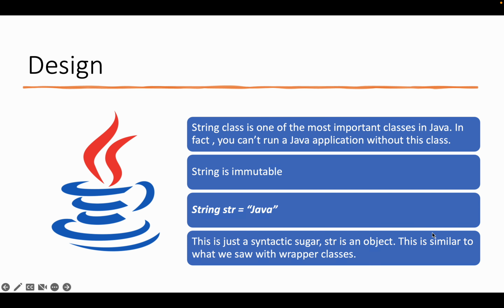This is similar to what we saw with wrapper classes. You can just say Integer i equals any number you want, or Character c equals whatever you want to put there that is a legitimate or appropriate type.